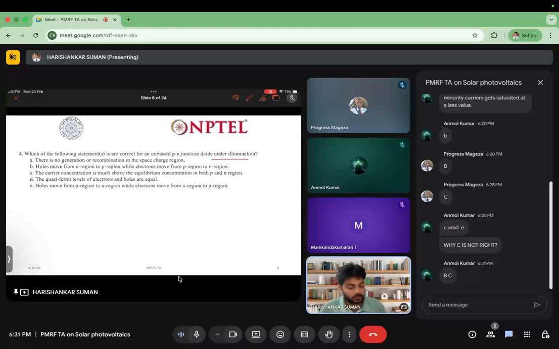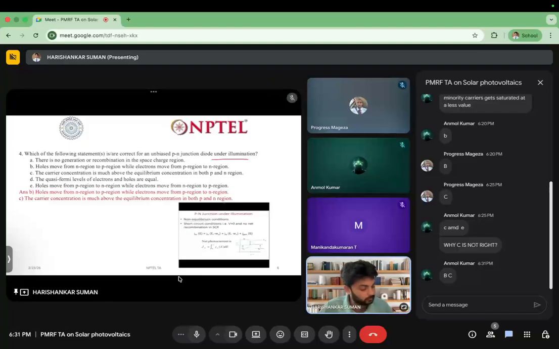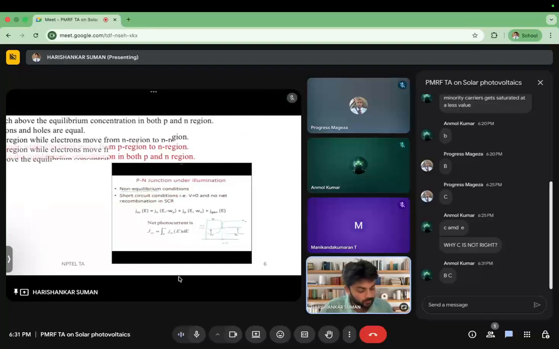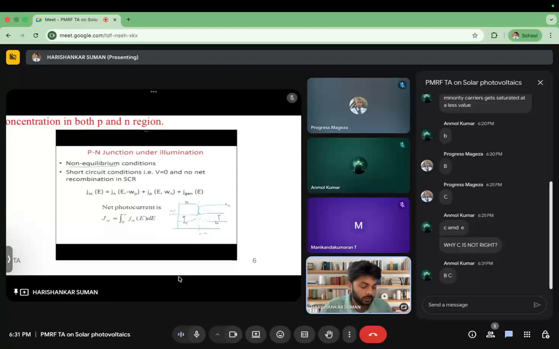Okay, B and C. So you are correct, B and C. Hole move from N region to P region, while electron move from P region to N region. So see, this is in non-equilibrium condition under illumination, and short circuit condition, which is V equal to 0, no net recombination.